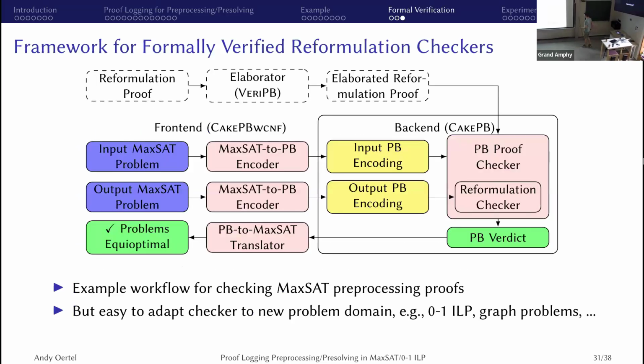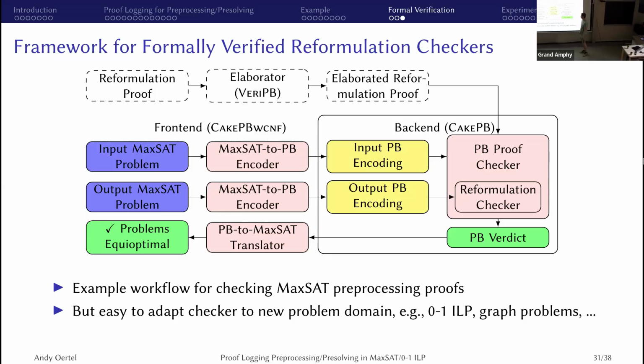And so you might be thinking this must be complicated, designing a new proof checker, or adapting it to the problem that you want to solve. And we made it as easy as possible and as extensible as possible to implement this approach that we have here for checking reformulation proofs.